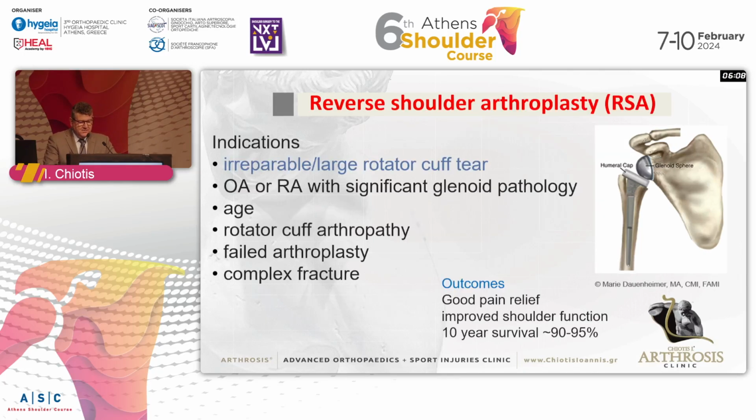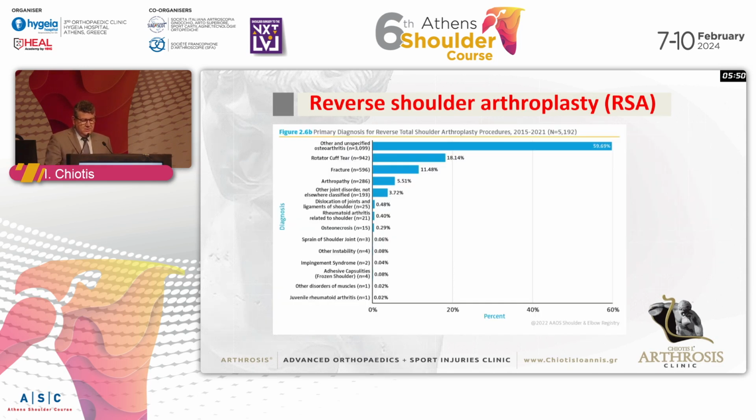Reverse shoulder arthroplasty has indications when we have osteoarthritis with irreparable rotator cuff, osteoarthritis or rheumatoid arthritis with significant glenoid pathology, rotator cuff arthropathy, failed arthroplasty revision, and complex fractures, with good outcomes.